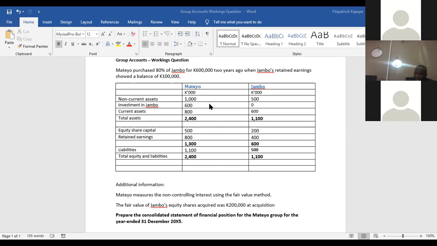NCI at the acquisition, you remember that one down there, the 200? We just pick that one. Then now, this is where the trick comes in. Post-acquisition.